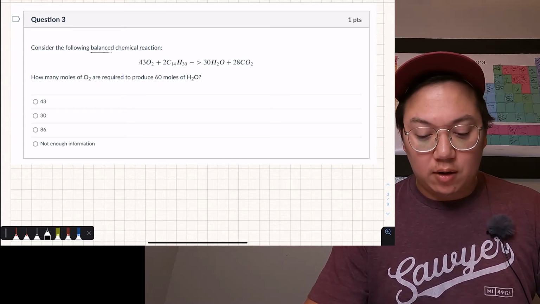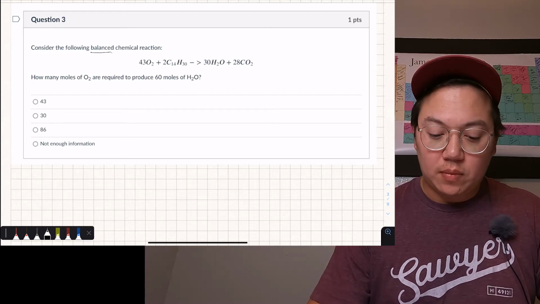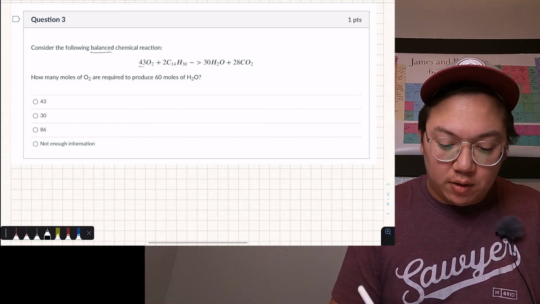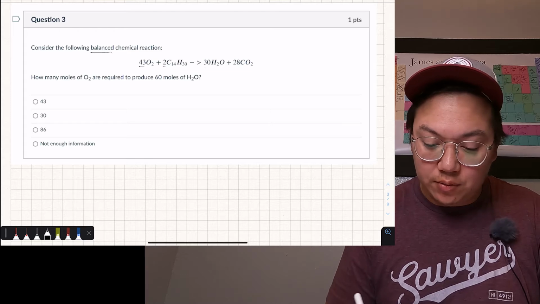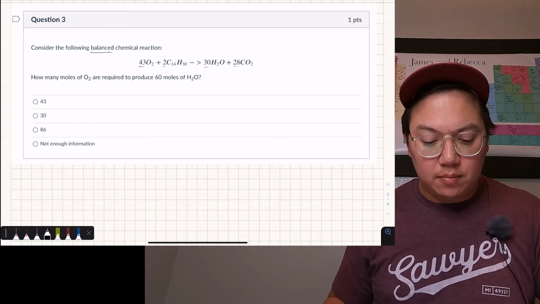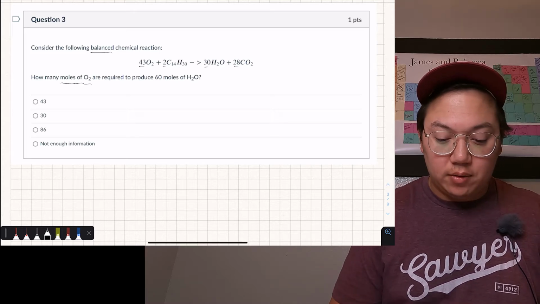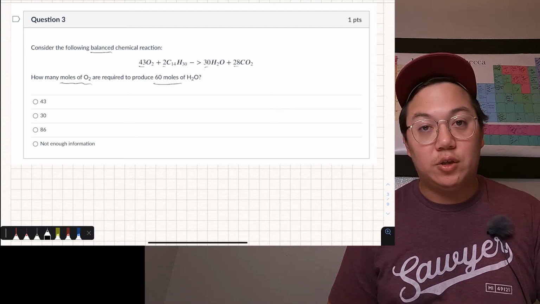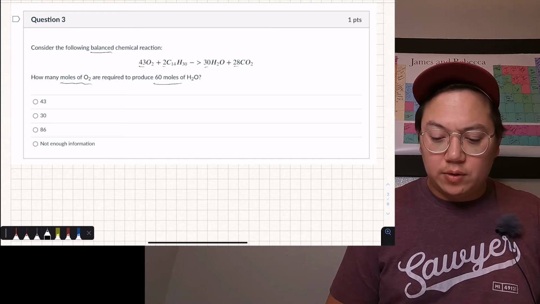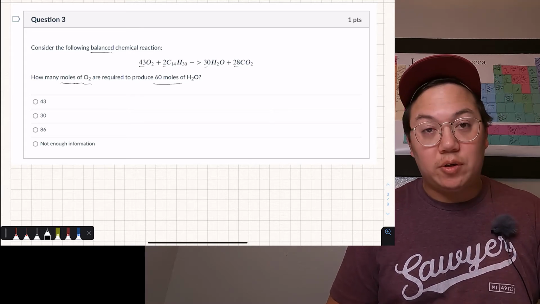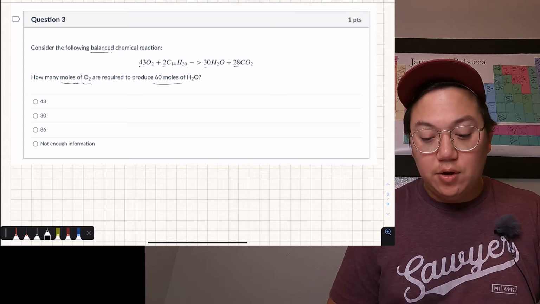So looking again at our reaction, our stoichiometric quantities are these coefficients, so 43, 2, 30, and 28. So we're asked how many moles of O2 are required to produce 60 moles of H2O. These stoichiometric quantities are already in units of moles.